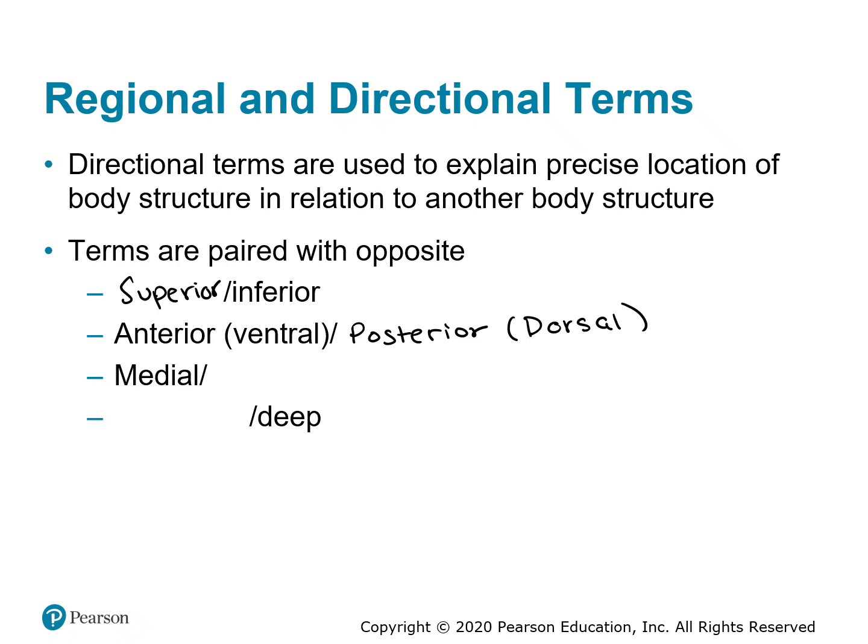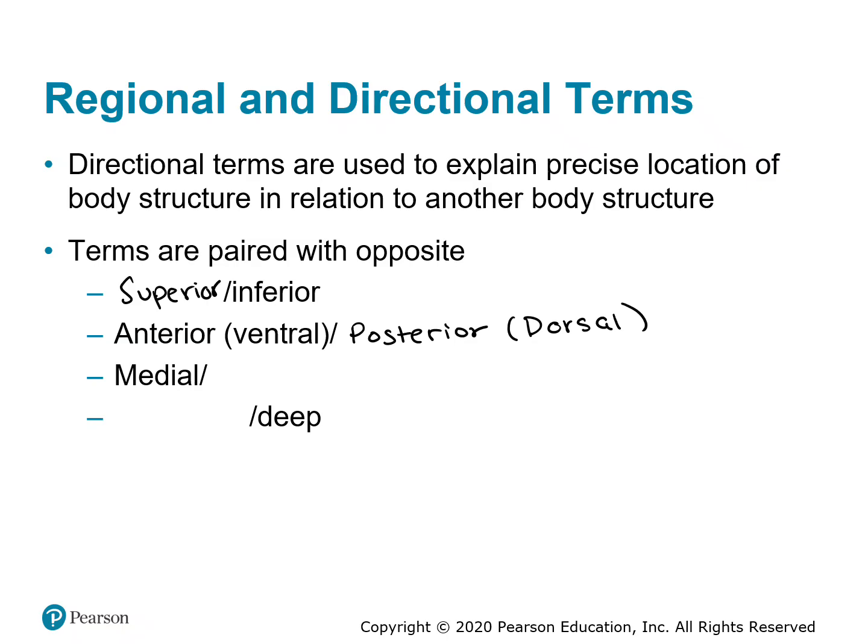When you think of dorsal, I want you to think of a dorsal fin on the back of a whale or dolphin. Elephants don't have dorsal fins, but you know what I mean. Some kind of fish that has something on its back. So dorsal or posterior is going to be at the back. Anterior, ventral is in your front.